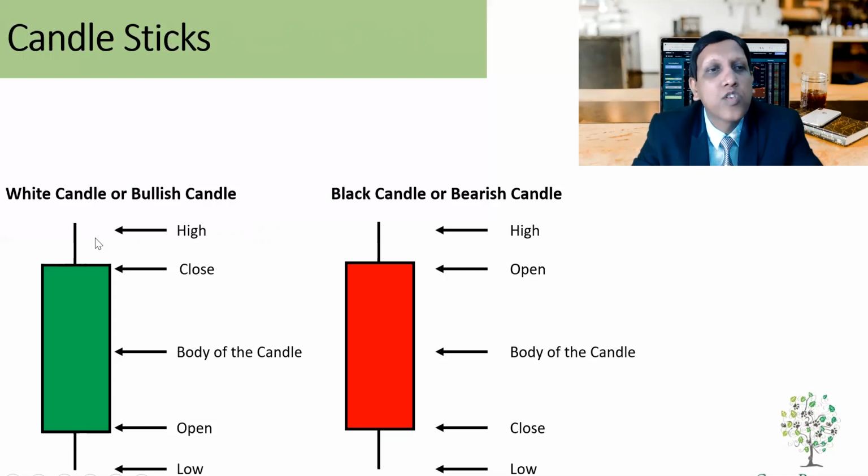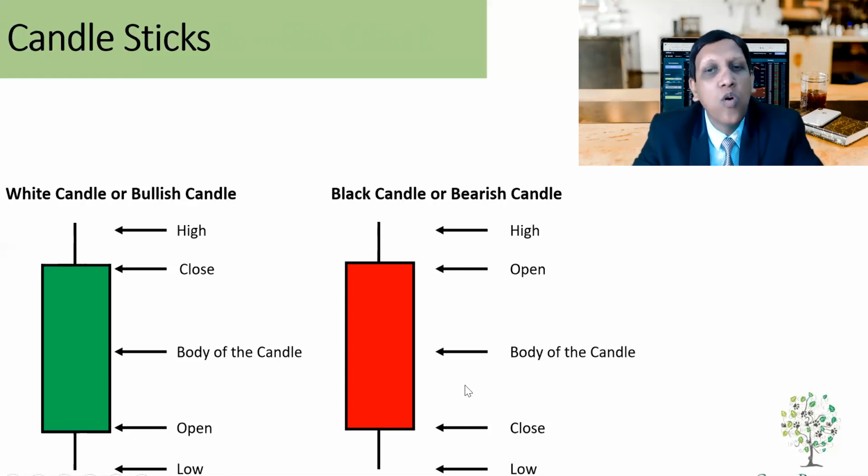Now if you see this green candle, it is also in some cases called a white candle or a bullish candle, and in some charting software, instead of green, they use a white candle. Similarly, open, close, high and low, very similar to the bar chart you had seen.